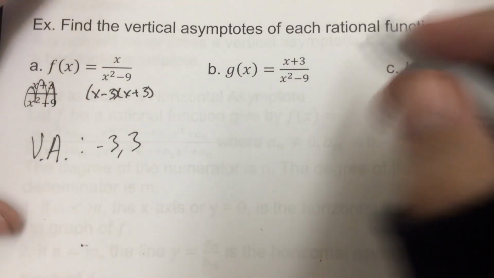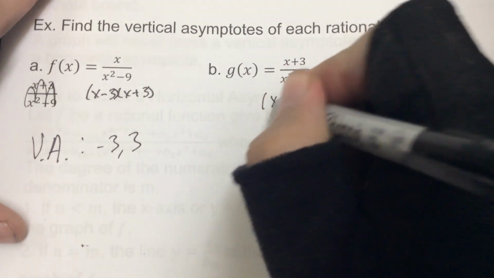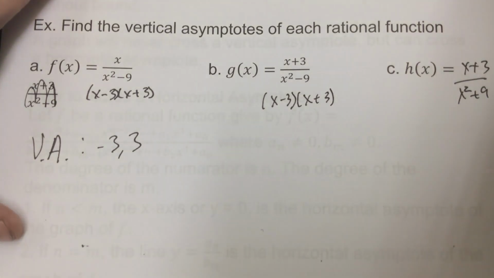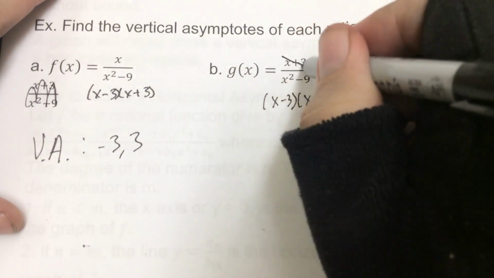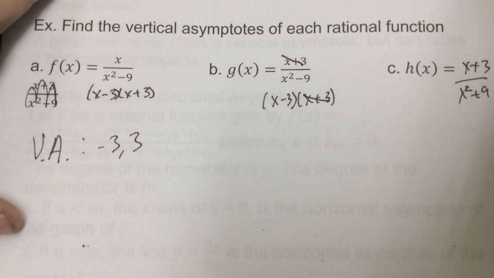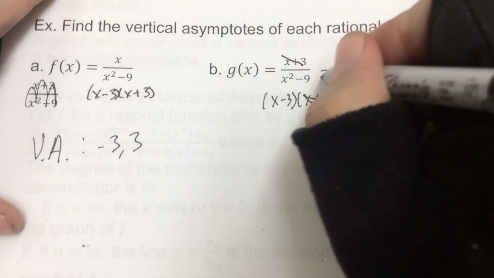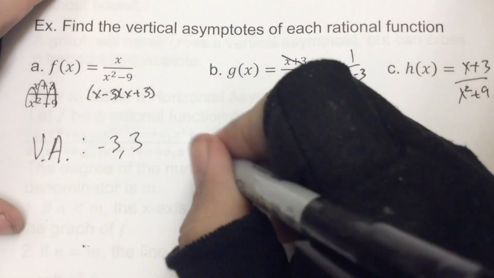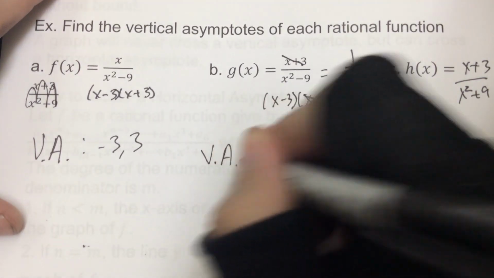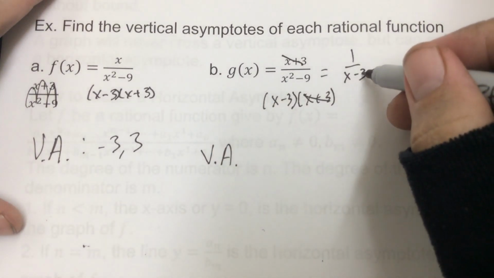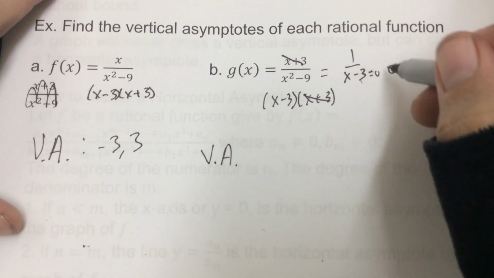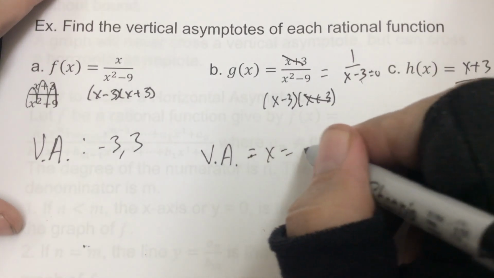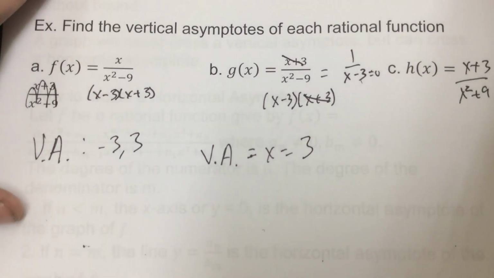Okay. This one here, again, factors out to x minus 3, x plus 3. So we have an x plus 3 at top, so that factor can reduce. And so what we have here is 1 over x minus 3. So the only thing that vertical asymptote could be is, if we set this equal to 0, we'd add the 3 over. So x would equal positive 3 is where the vertical asymptote is.